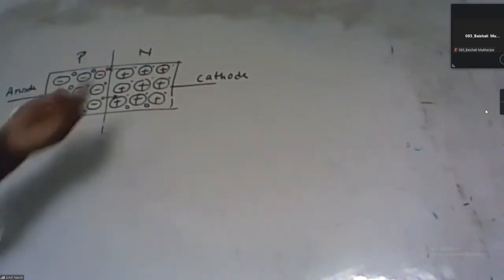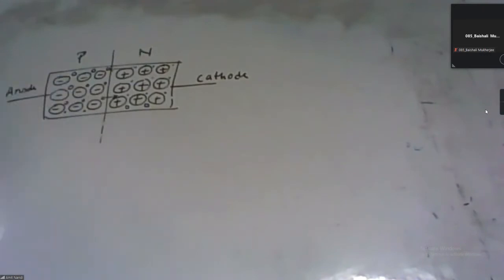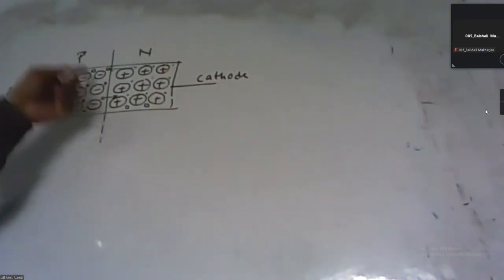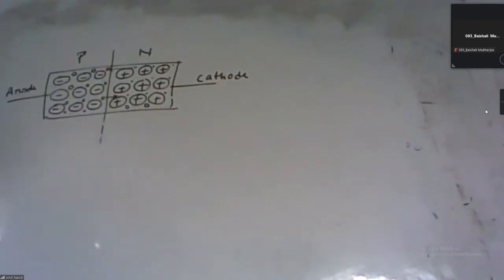So here the large number of electrons can easily fill up the vacancy. The same thing happens if the electron moves from the n-type side to the p-type side. Here a large number of vacancies is present, so the electron fills up the vacancy. This process is called the recombination process.